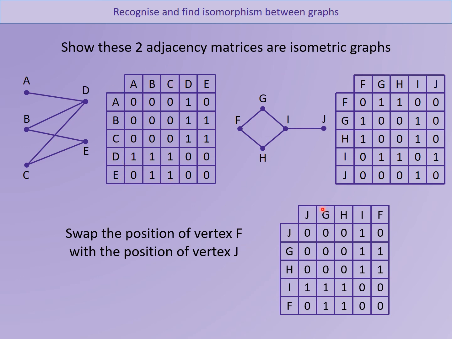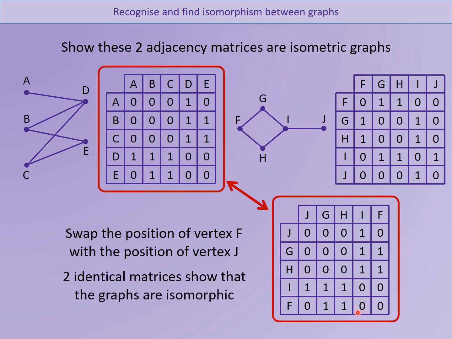And also what's nice about the adjacency matrices, you can see exactly which vertices are equivalent. A to J, B to G, and so on. So you've got exactly the same matrices there. Notice it doesn't make any difference which way round you've got the G to H as well. So B could go to G or B could go to H. Those would be fine. So those two could swap places and it's still correct.